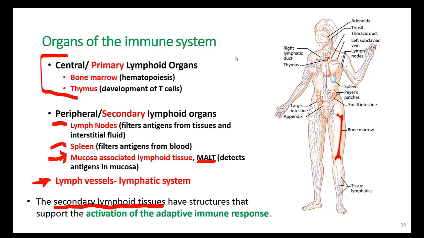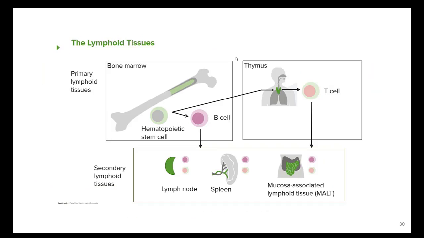Keep in mind that secondary lymphoid tissue includes the spleen and also your lymph nodes. So you have your primary and then your secondary: lymph node and spleen, and then your mucosa-associated lymphoid tissue. Those are your secondary.